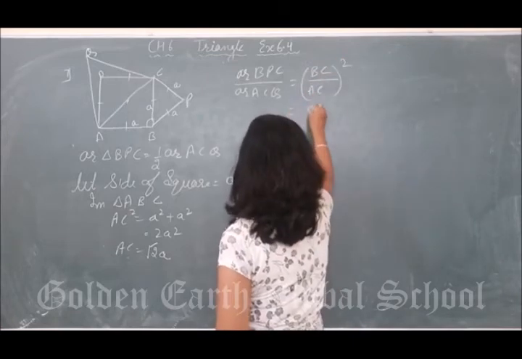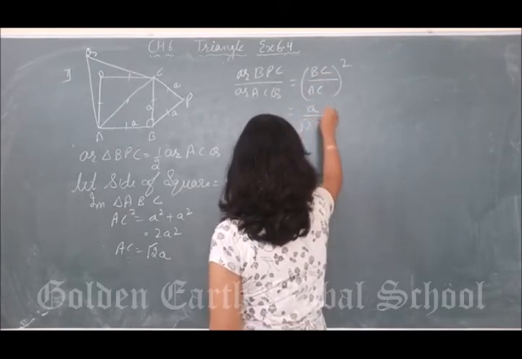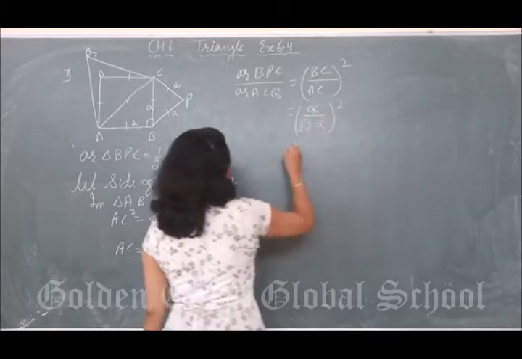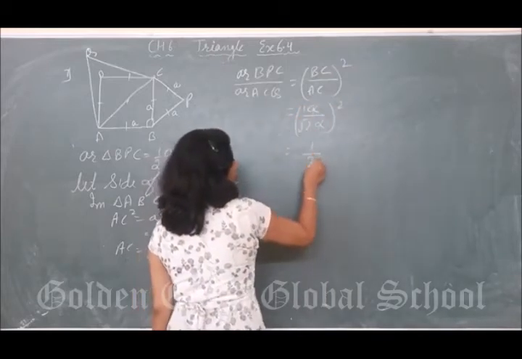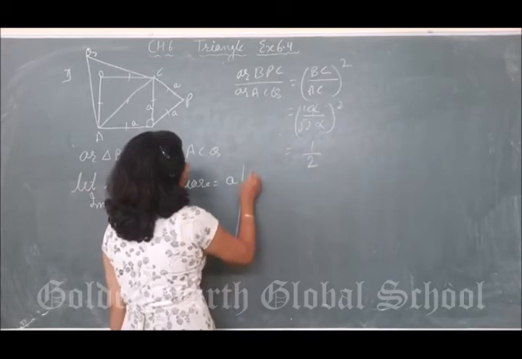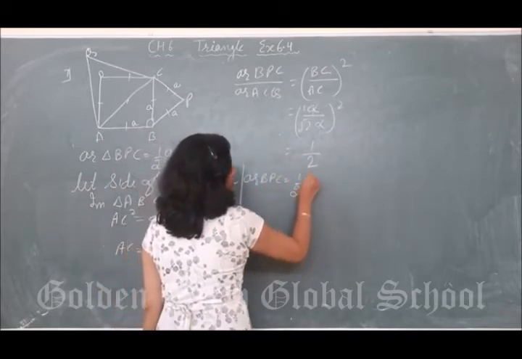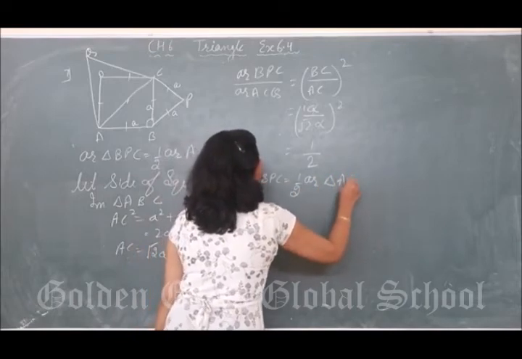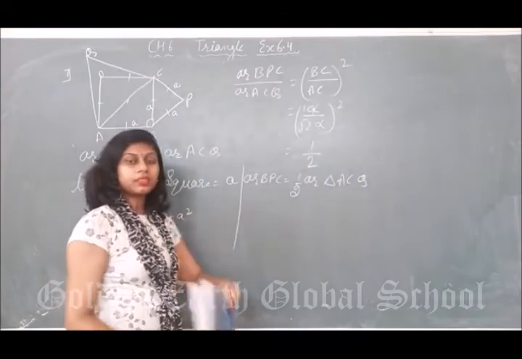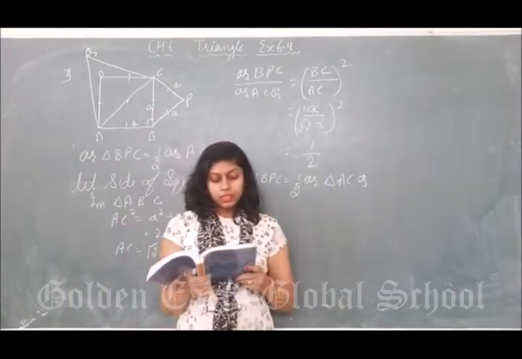BC is a, AC is root 2 a. The a's will be cancelled, 1 square is 1, root 2 square is 2. So we can write area of BPC is equal to half of area of ACQ.